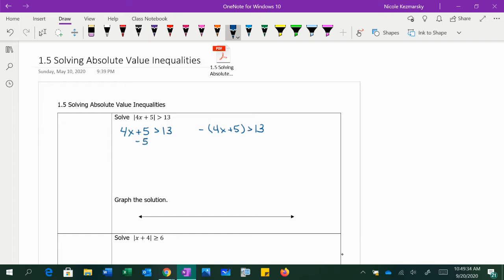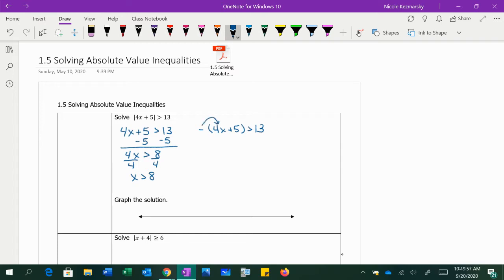So I'm going to subtract 5 from the inequality on the left and get 4x greater than, let's see, 13 minus 5 is 8. Divide by 4 and get x greater than 2. Same thing for the other inequality.